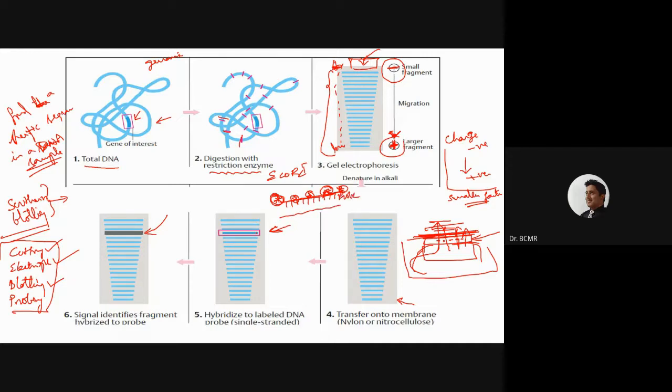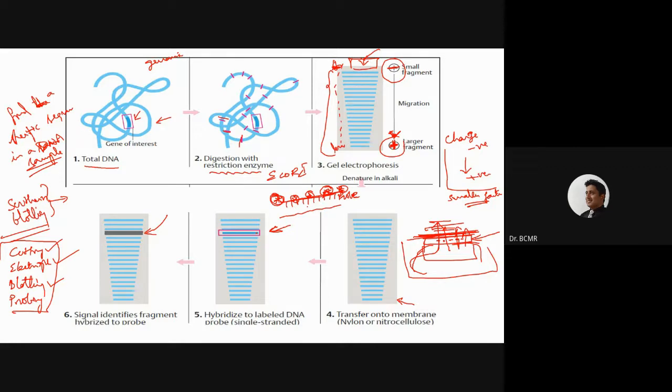Complementarity is dependent on the sequence, isn't it? The hydrogen base pairing. That means the sequence that we are looking for is present in the DNA sample there. That is the meaning of it.